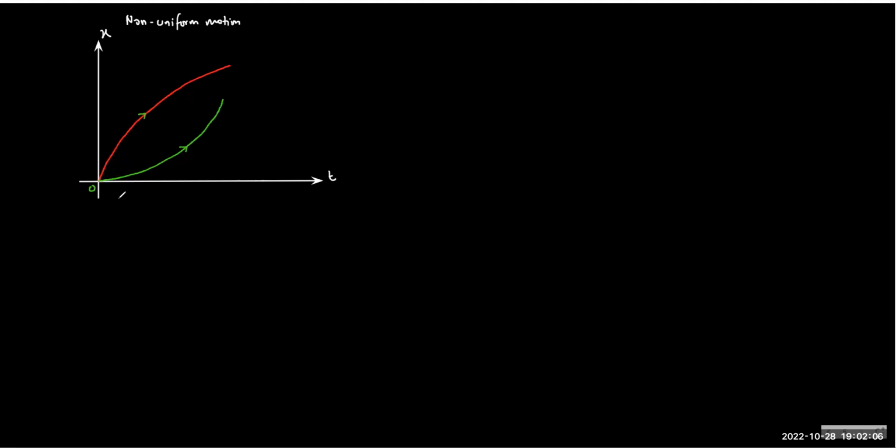It is increasing. So the green is representing accelerated motion. Understood? Green is representing which motion? Accelerated.